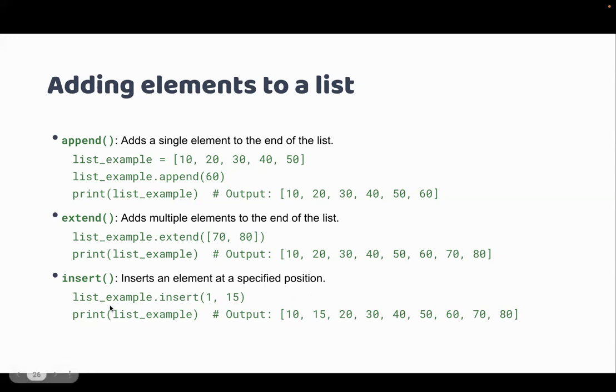Over here in the example, we're adding 15 at index 1. And 10 is basically index 0, as we talked about. So it's added at the position of index 1, and all the other elements move back by 1 space. Are there any questions?